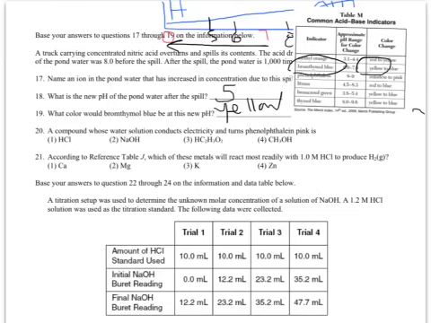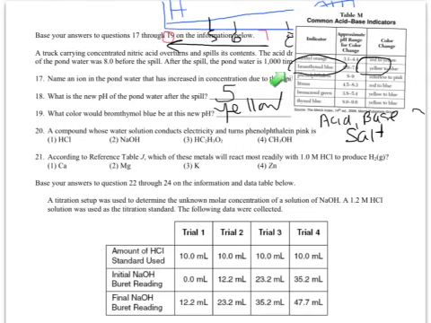Now, the next question refers to a water solution that conducts electricity, meaning it is an electrolyte. The only substances that are electrolytes are acids, bases, and salts. And the next clue is it turns phenolphthalein pink. Referring to reference table M, we're going to find phenolphthalein.